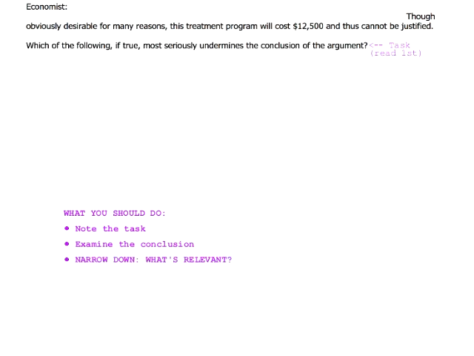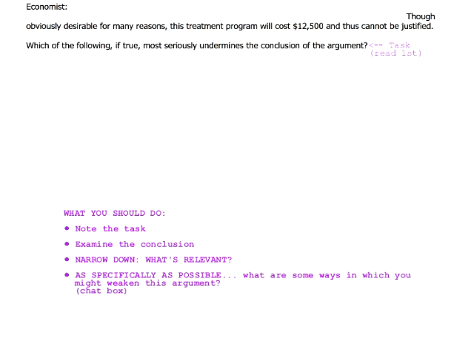If you have an idea, as specifically as possible, what are some ways in which you might weaken this argument? Go ahead and put those in the chat box and see what kind of ideas come out of this. Give you a bit of time to do that.